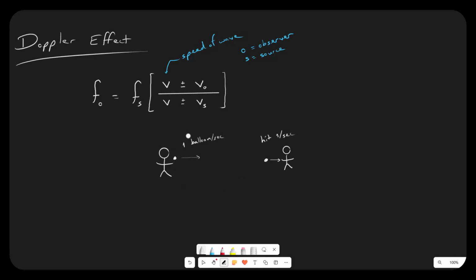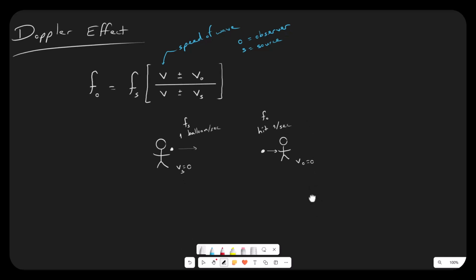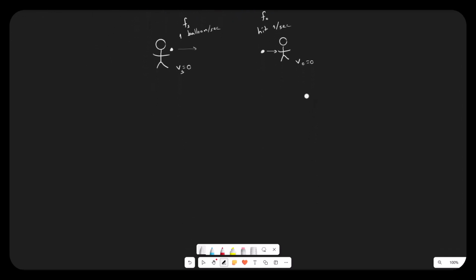In this case, this is the frequency of my source, and this is the frequency of my observer, and both are standing still. V source equals 0, V observer equals 0. That's an easy one.